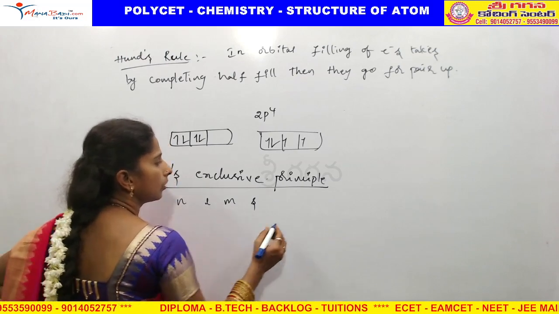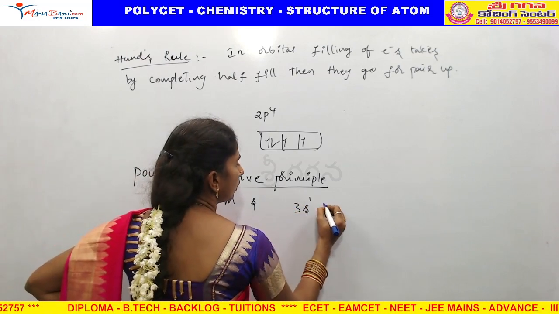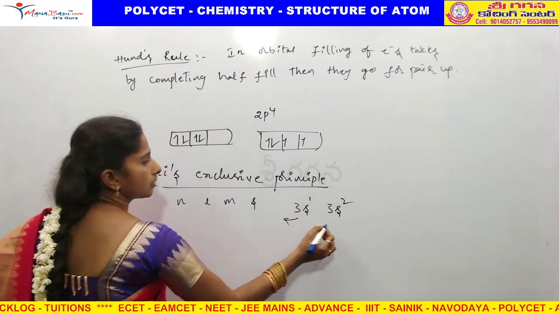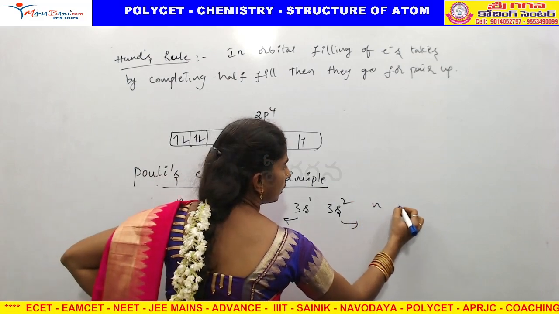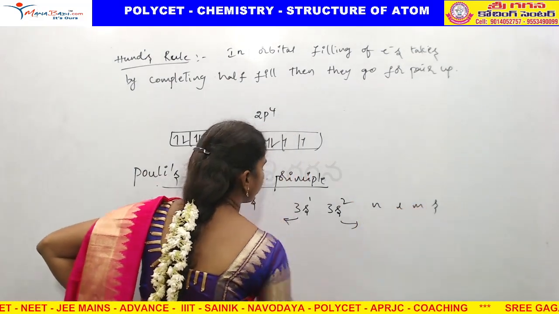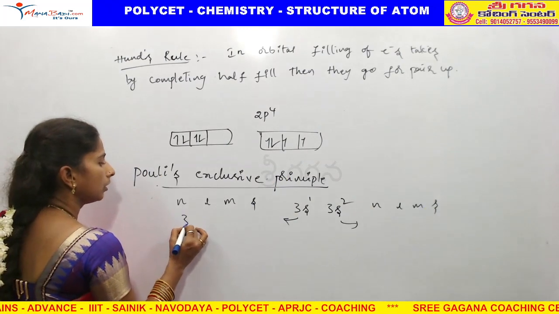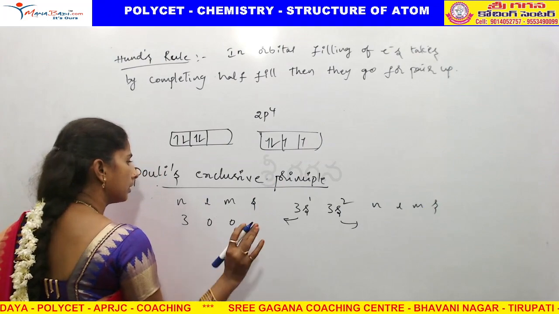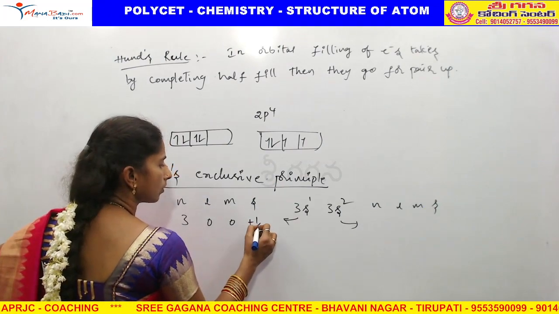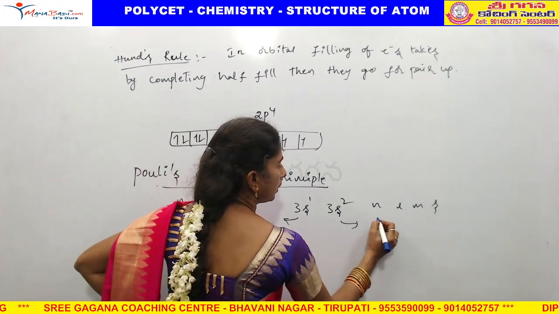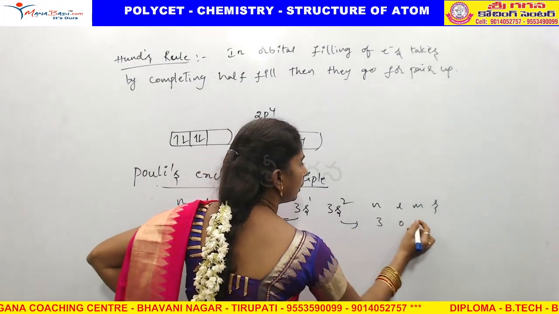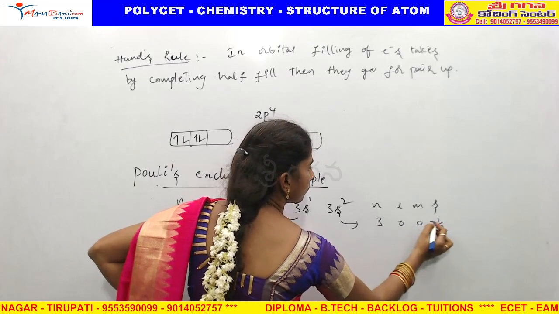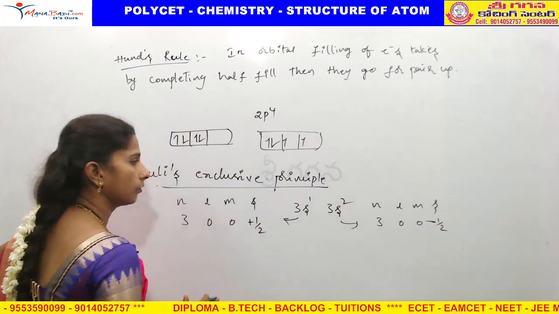If you take 3s1 and 3s2, for the first electron n is 3, l for the s orbital is 0, m is 0, and spin is plus half. For the second electron, n is 3, l is 0, m is 0, and spin is minus half.